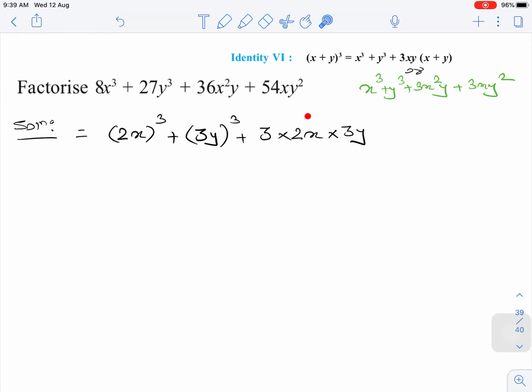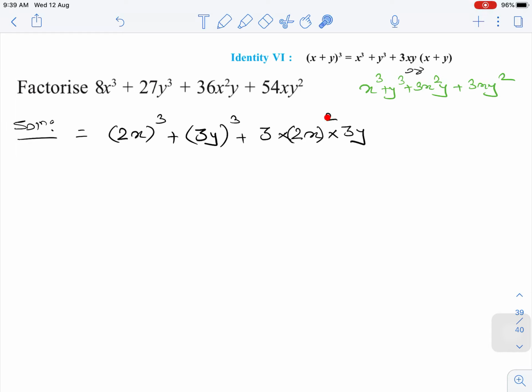So 3 2s are 6, 6 3s are 18. Okay, so then it means that somewhere we are wrong. So now where we are wrong? So as per our formula, it is what? It's a first term square, and we have considered only single one. Okay, so now we have to write this one as square.